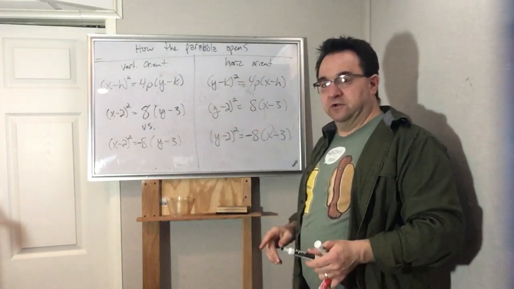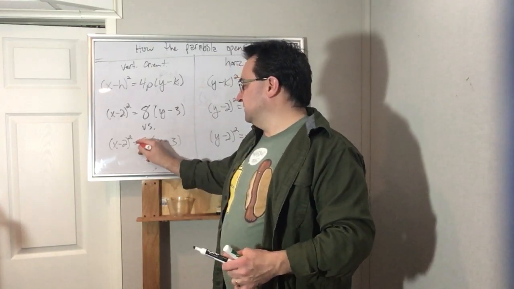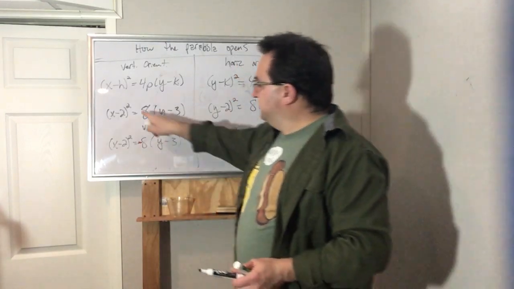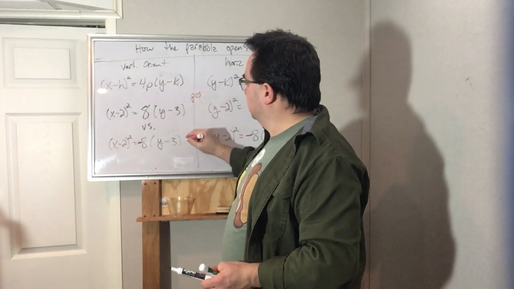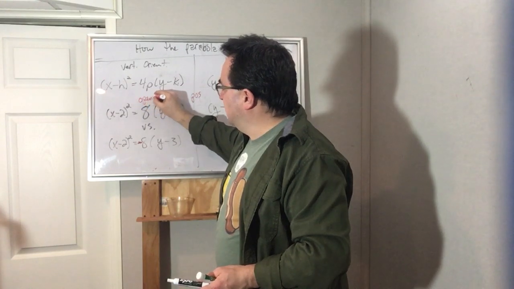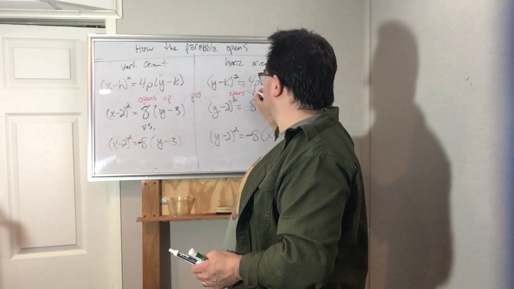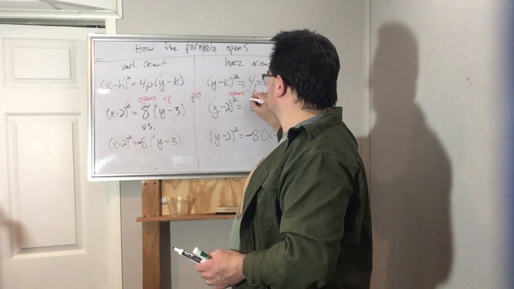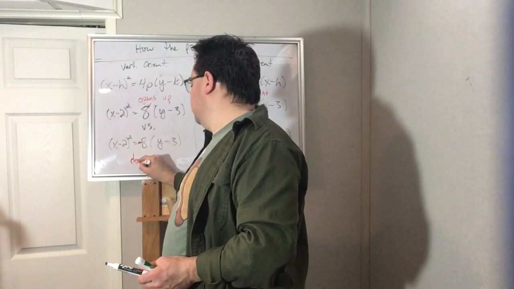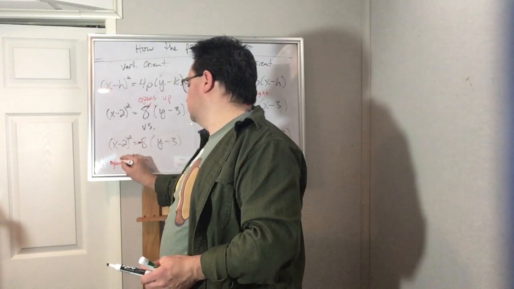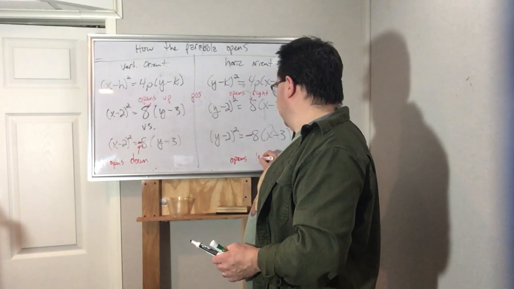So it's important for you to notice the only difference is the fact that this is negative. Otherwise, they're identical. If this number is positive, this opens up and this opens right. This one opens down and this one opens left.